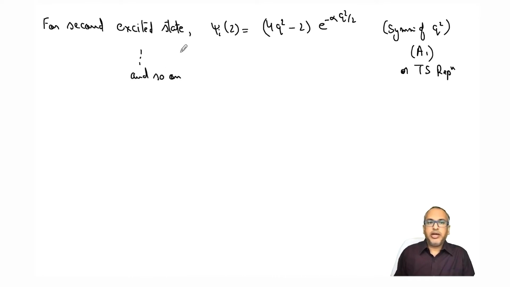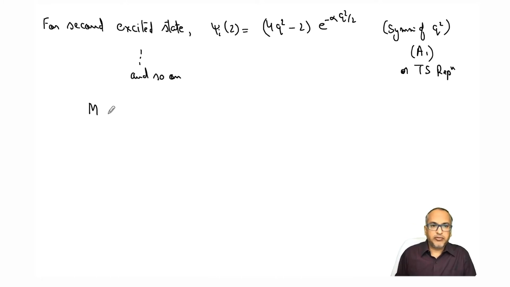Every alternate excited state will have the symmetry of the totally symmetric representation, and every other alternate will have the symmetry of Q, because it is following the symmetry of Hermite polynomials, which are even, odd, and so on. So now we know the symmetry of the ground state and the excited state. Now let us go back and look at the integral.